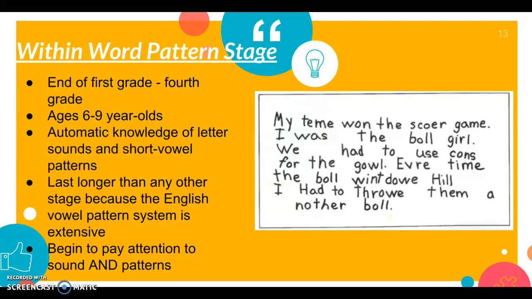Words such as bear, B-E-A-R, and bear, B-A-R-E. These words sound the same but have different spellings and meanings. Because of this, sound, pattern, and meaning must be considered when spelling.